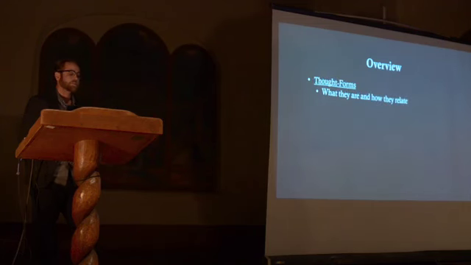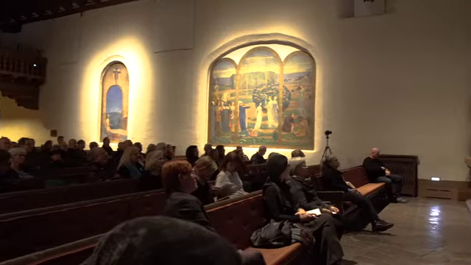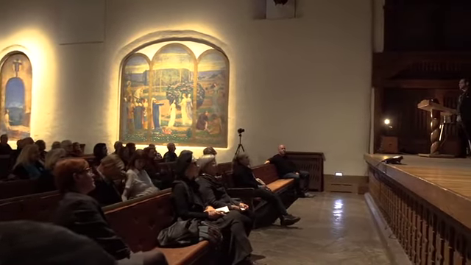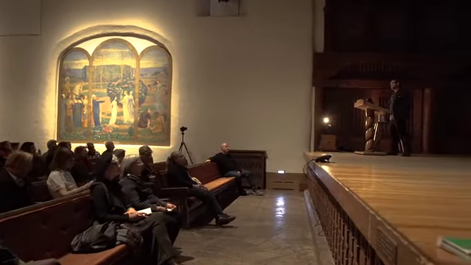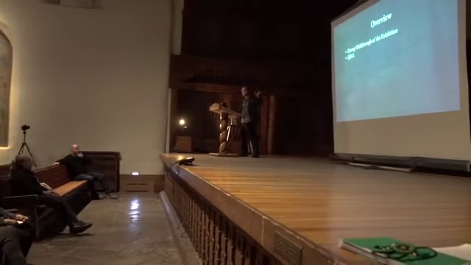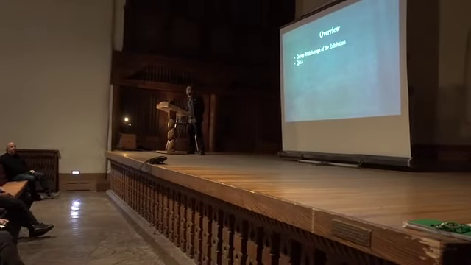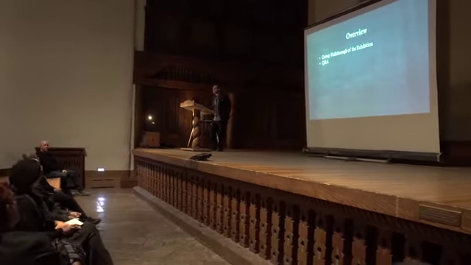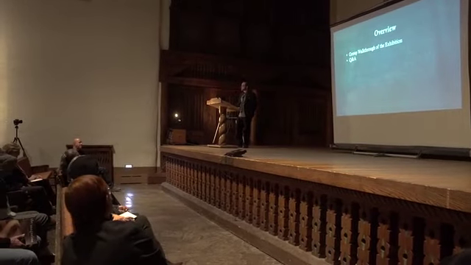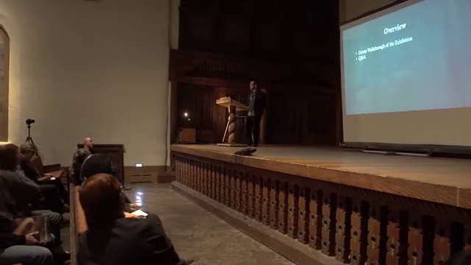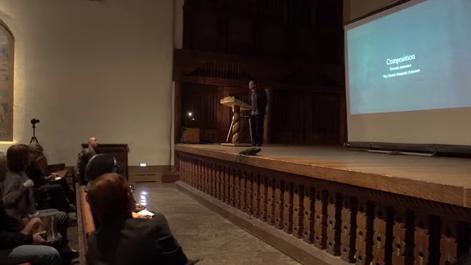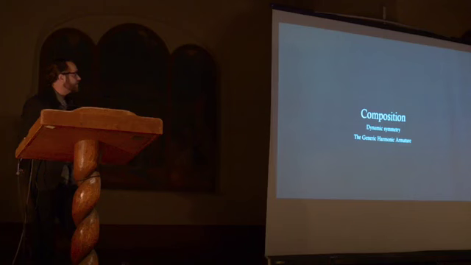Then we'll discuss thought forms, what they are, and how they relate to these types of works. From there, we're going to go all as a group, ideally, into the gallery itself, and there are some specific pieces I'd like to discuss. Ideally, the show itself will have a slightly different look after this presentation. So we'll begin with composition.